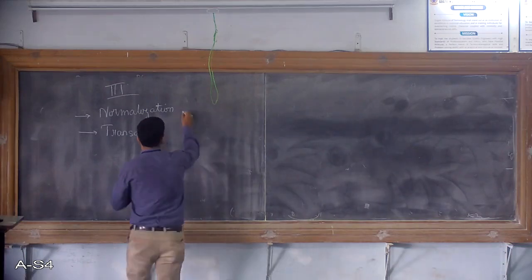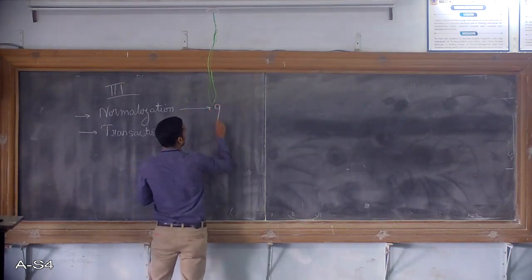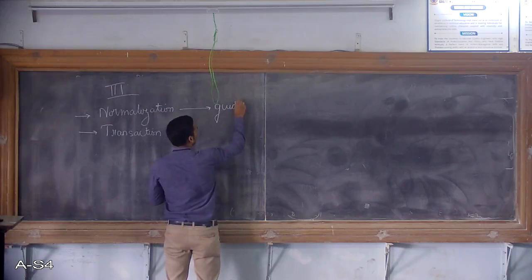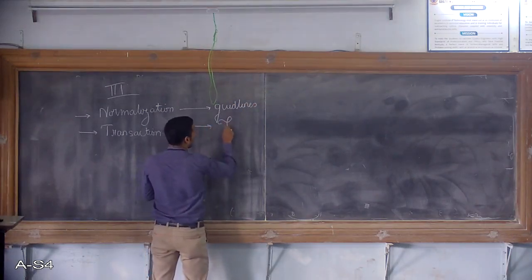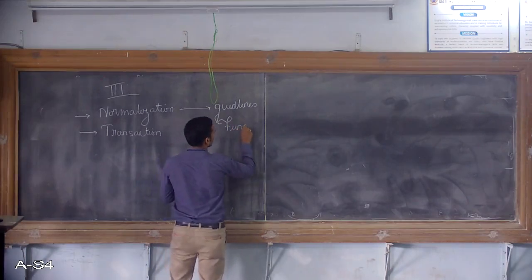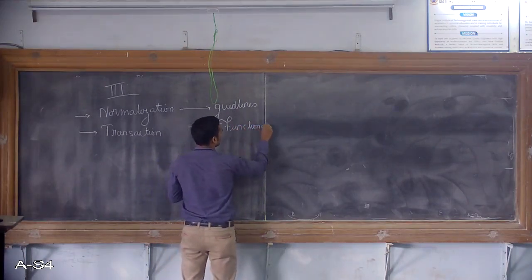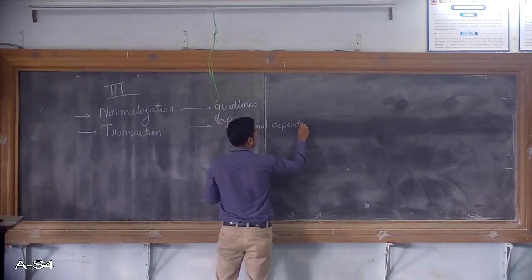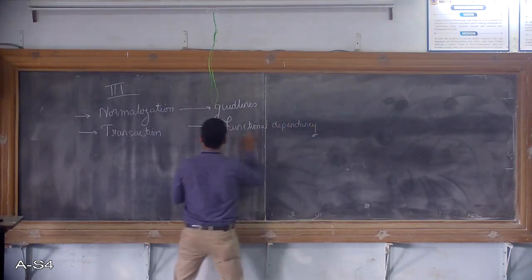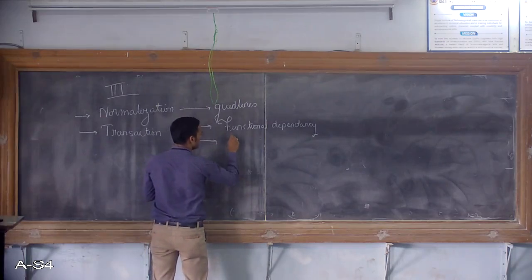So in normalization, we'll be having guidelines for normalization. We have something known as functional dependency. We have first normal form.